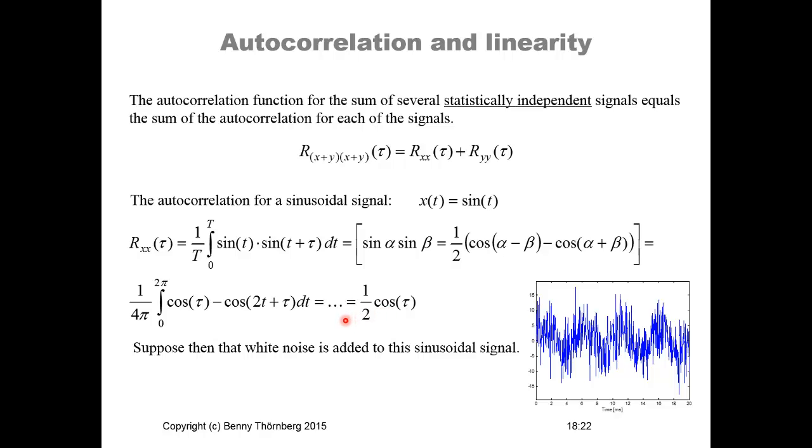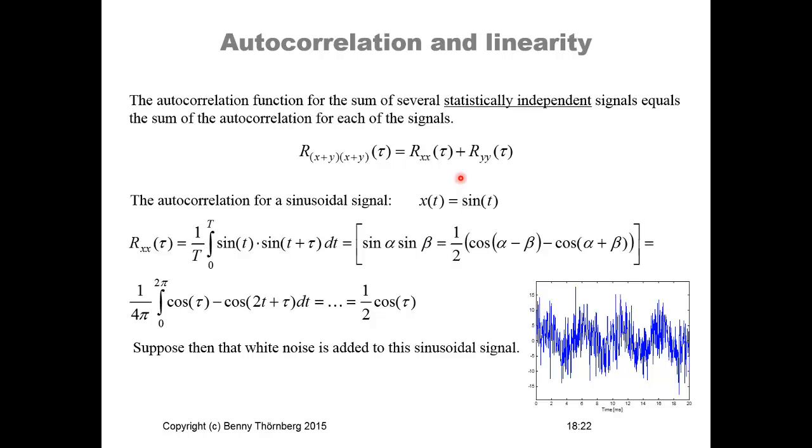Suppose now that we are analyzing a sinus waveform that is polluted with white noise. Here is a sinus waveform with a reasonable amount of signal to noise ratio. Now we can think of how this autocorrelation function should look if we also assume this linearity property, and assume that the noise is completely statistically independent from the sinus waveform, which is a reasonable assumption.